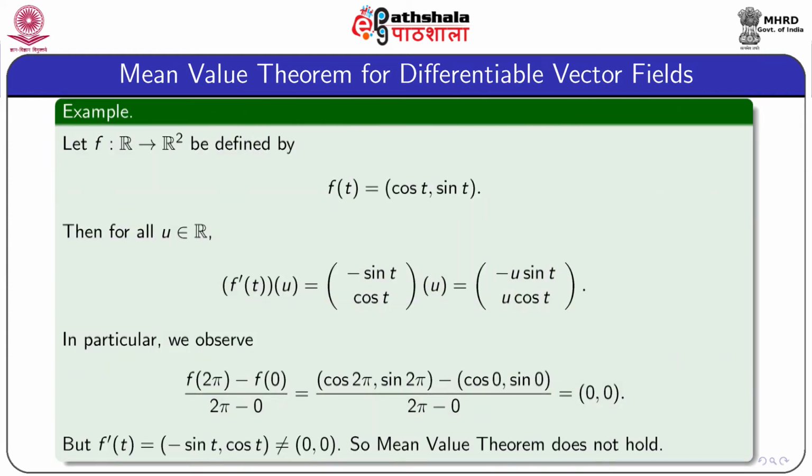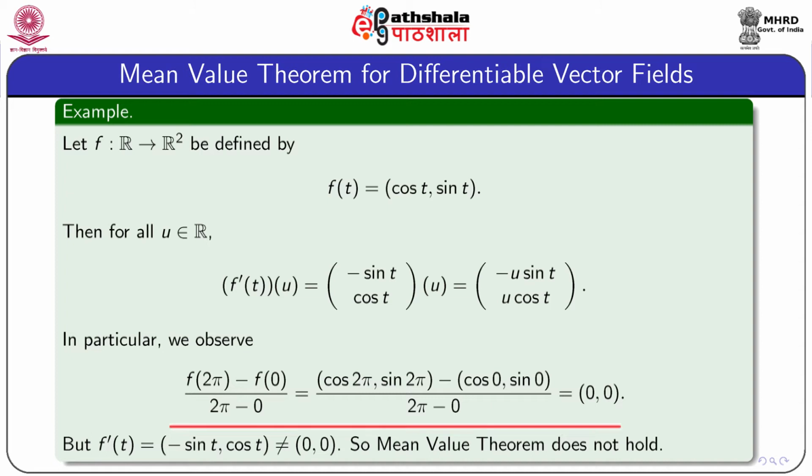We cite an example. Let f from R to R^2 be given by f(t) equal to (cos t, sin t). Then for any u in R, we have f'(t) operating on u equal to (minus sin t, cos t) u, that is, (minus u sin t, u cos t). In particular, we restrict ourselves to the closed interval [0, 2 pi].